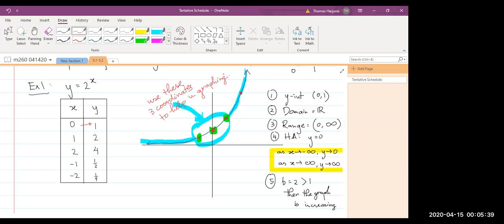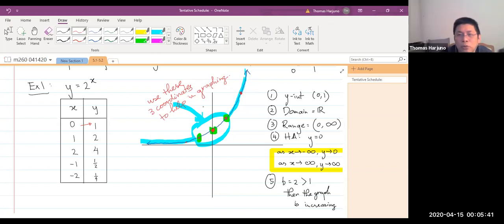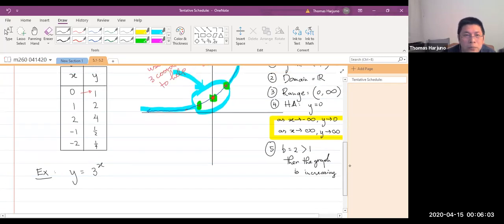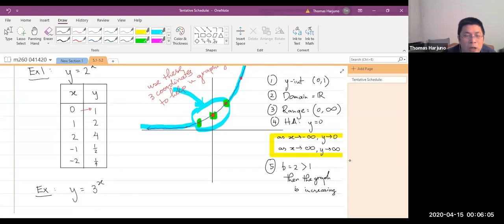Okay, now let me ask you to fill the sketch. Try to do a little sketch for example, y equals 3 to the x. Now, I want you to do it the same way I did earlier, like example 1.